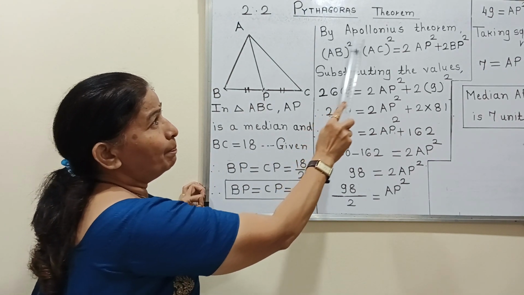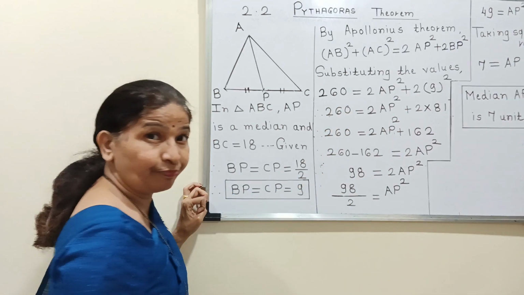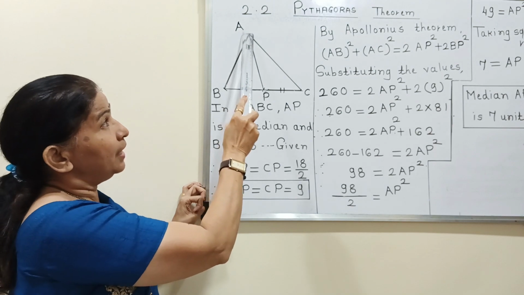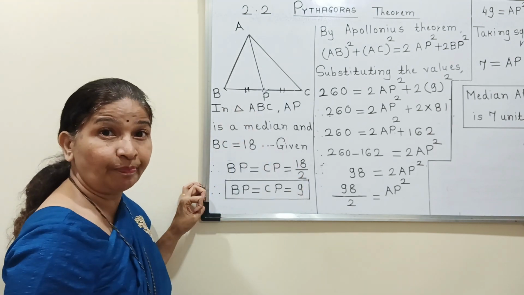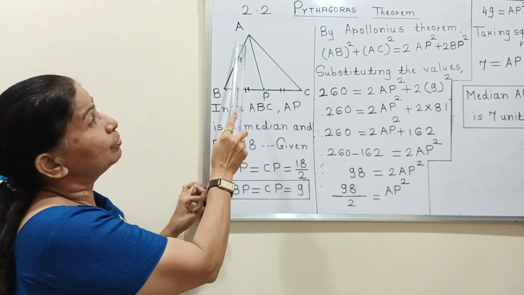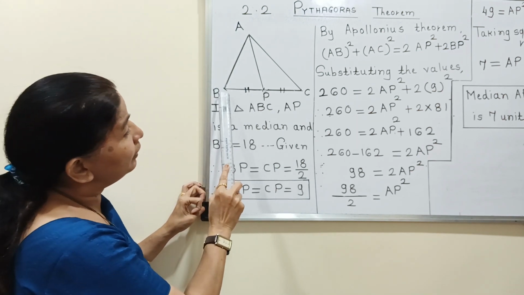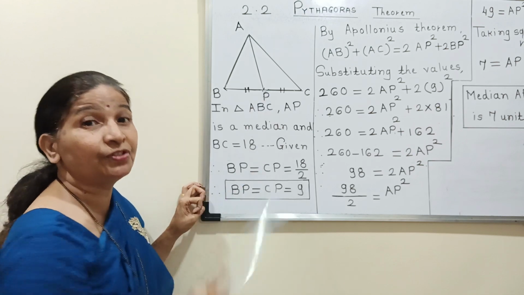So by Apollonius theorem, AB square plus AC square is equal to twice AP square plus twice BP square.